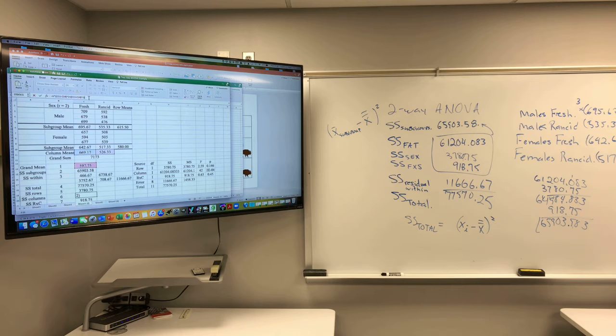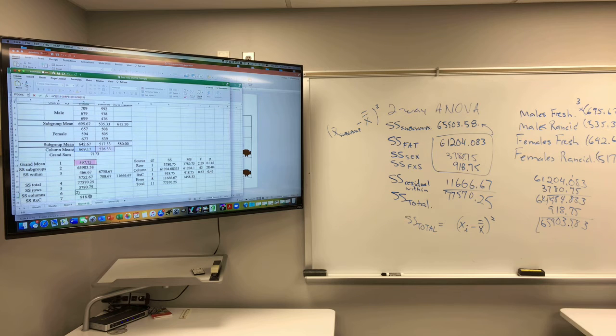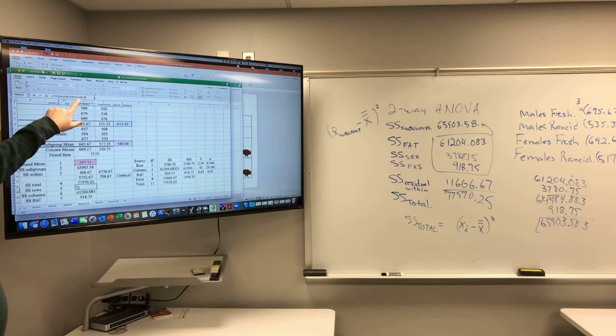In the same way, if we want to know what the sums of squares due to sex are, we can come down here and highlight this one here, and we can see, as you would expect, it's just the row means, because the row means are for male and female. 615.5 minus 597.75 squared plus that one minus that one squared multiplied times, once again, the number of observations that form the basis of those two means, which is 6 in this case.